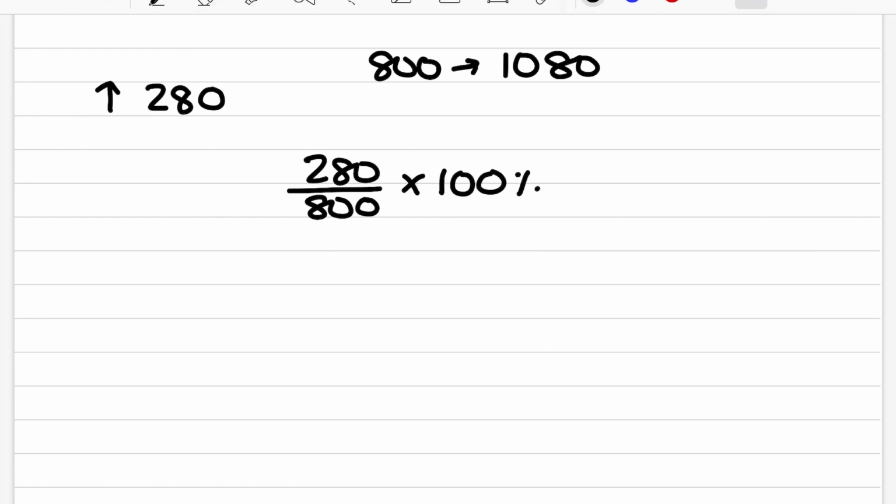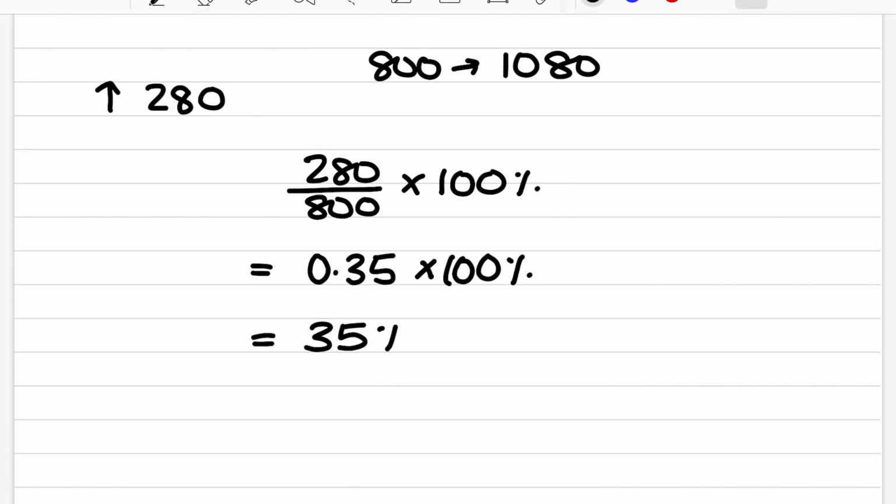So you can do that on your calculator. 280 divided by 800 is equal to 0.35 times 100% is equal to 35%. So she had a 35% increase from the first year.